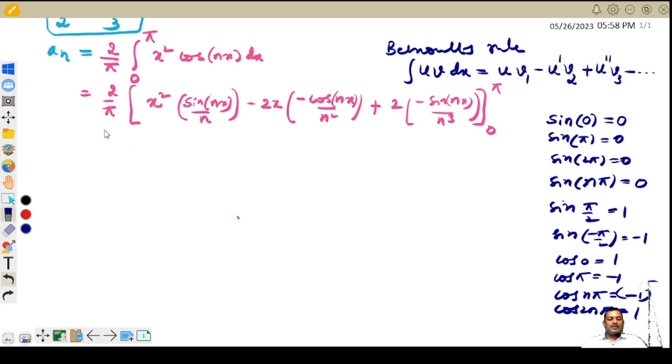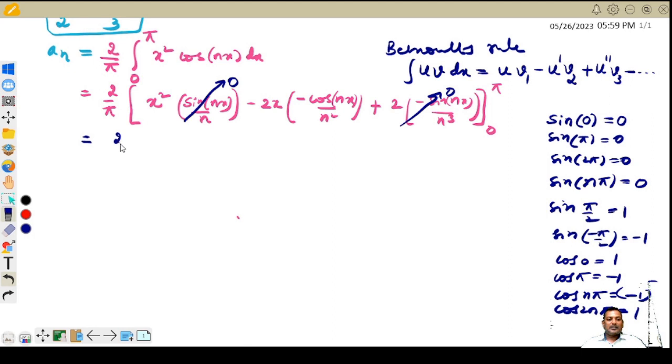So now here the first and third terms containing sine function, by substitution of upper limit pi, sin pi is 0 and lower limit 0 is also 0, so the first term becomes 0 and third term becomes 0. So just use only the middle term or second term.